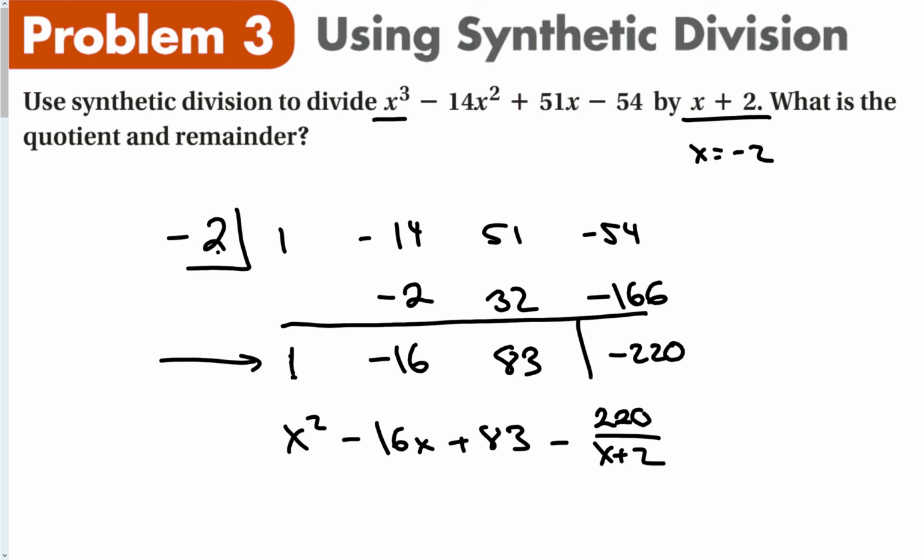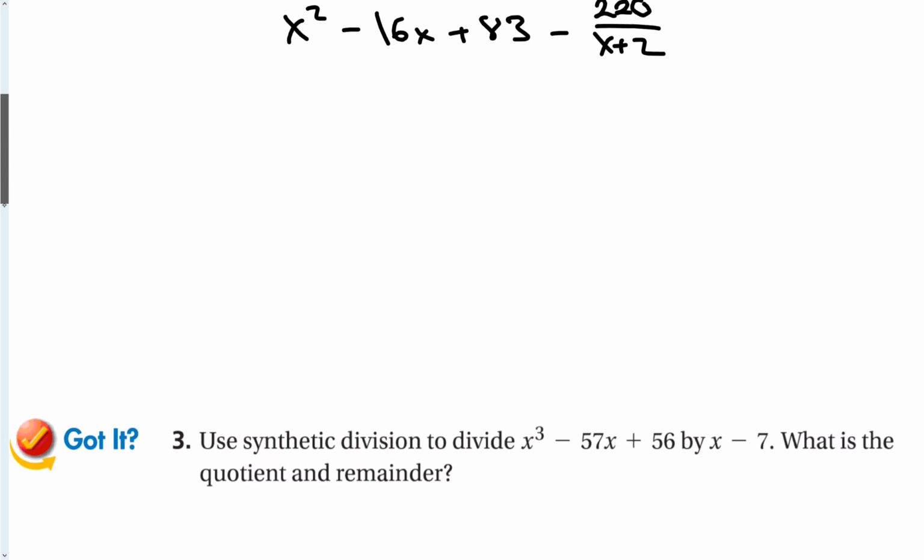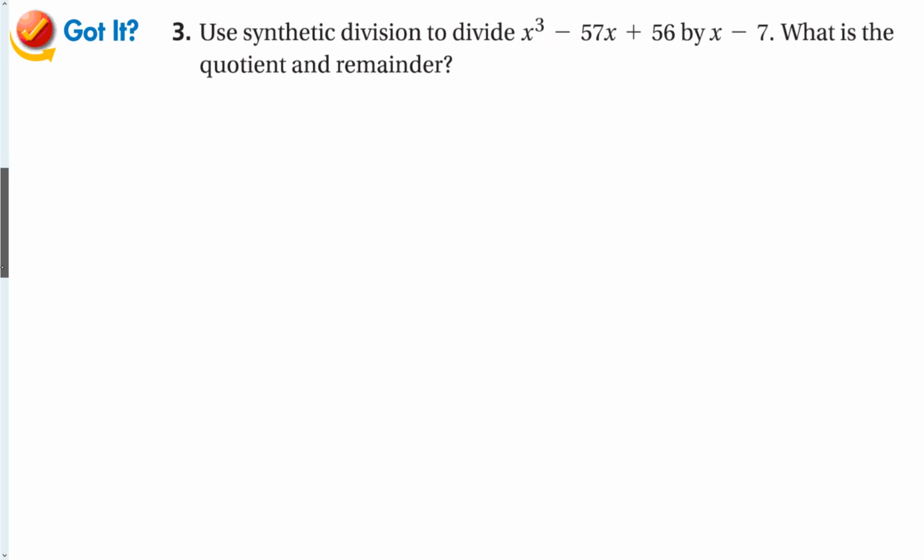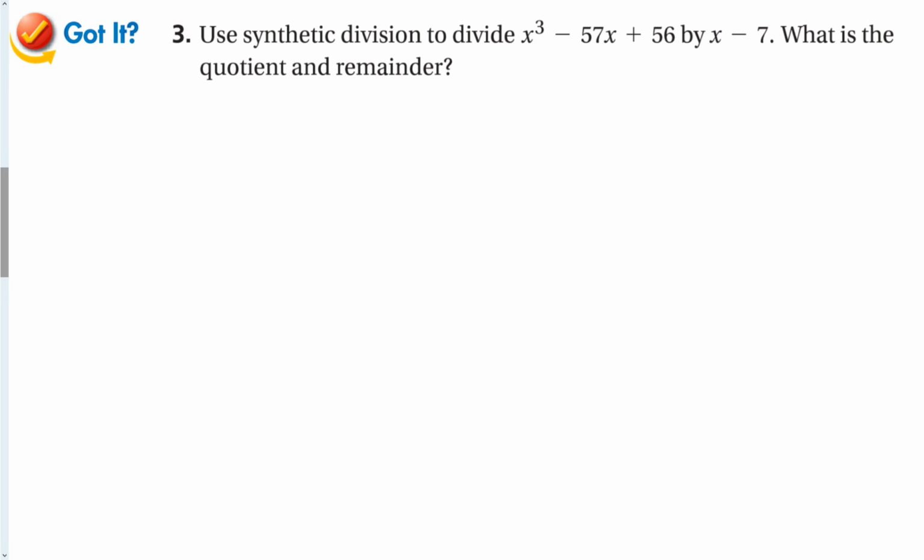And now we have successfully divided this using synthetic division without having to make a big long division mess, pretty much. And this is actually much faster as well, which is going to come in handy in some of the next sections. All right, so let's try this. Ooh, be careful.